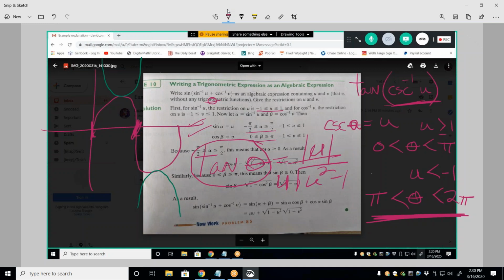And if u is greater than 1, then if it's second quadrant, we want it to be negative. Let's see, and if u is greater than 1, this is true.